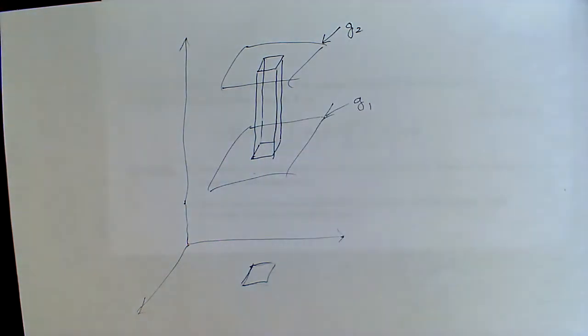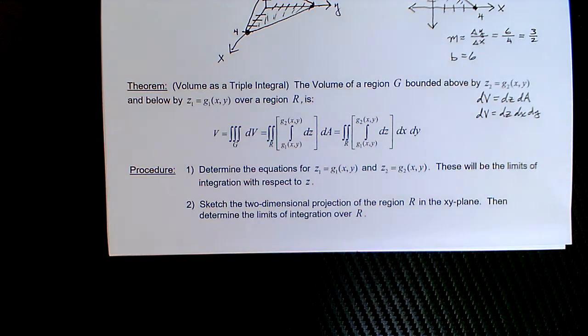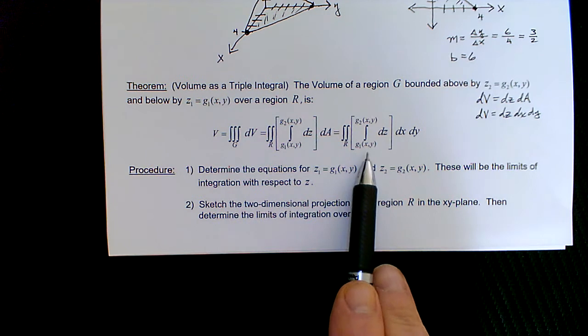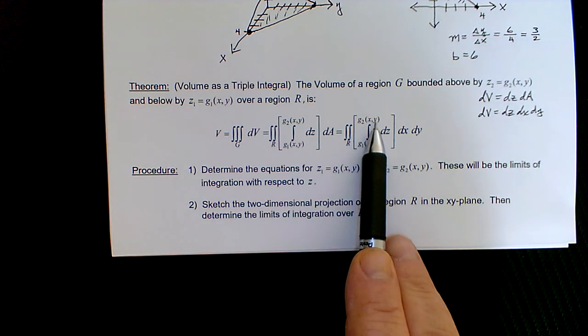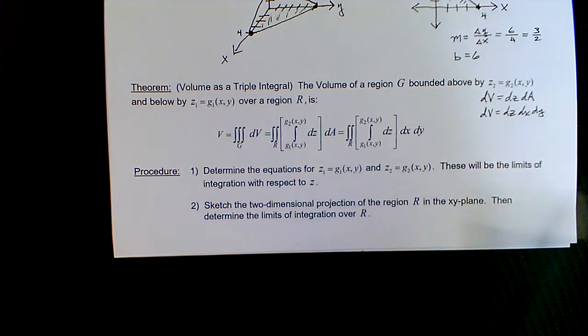So that's kind of like a general idea of the theorem, but it involves just setting up the limits of integration for z as the lower function and the upper function, and then whatever the region is. Again, it doesn't have to be rectangular, it could be any shape.